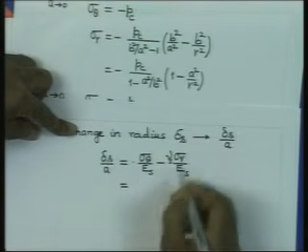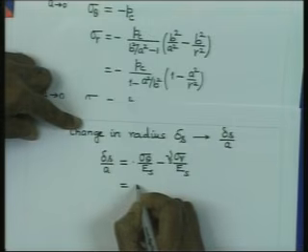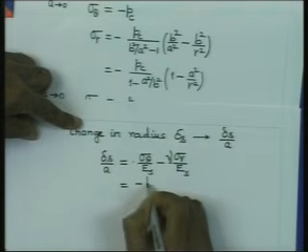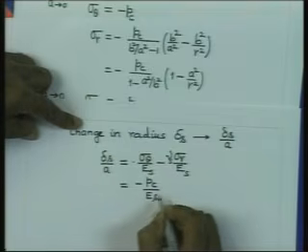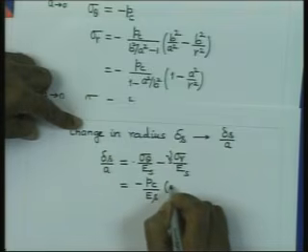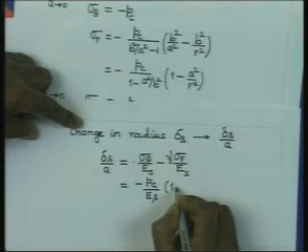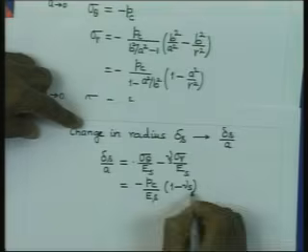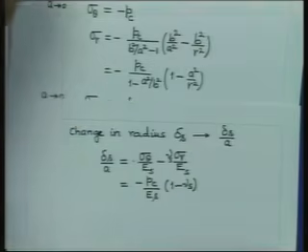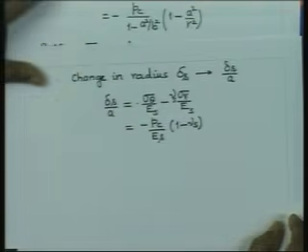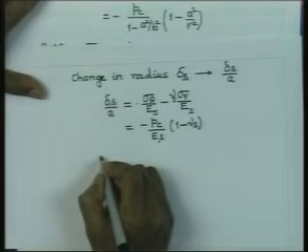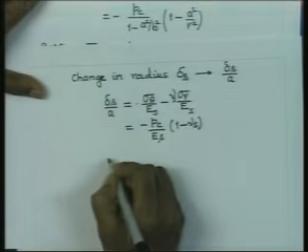Now, since both are minus Pc, what we have here is Pc by Es into 1 minus nu s, that is the change in radius, and you see that this delta S is really a decrease.